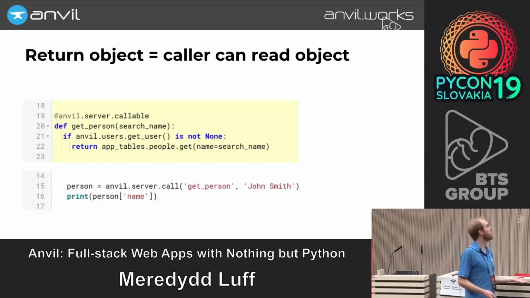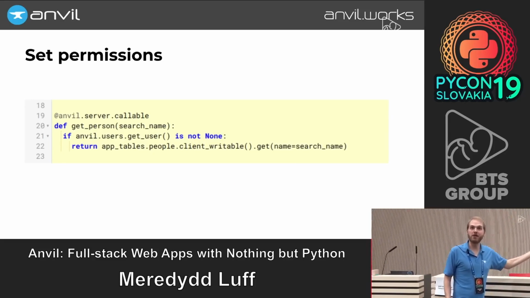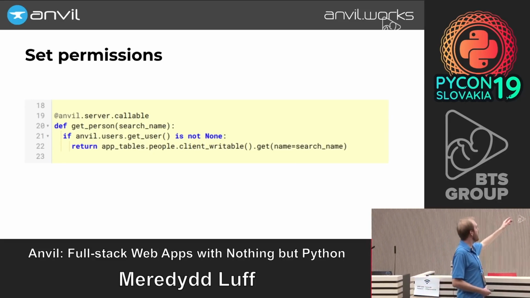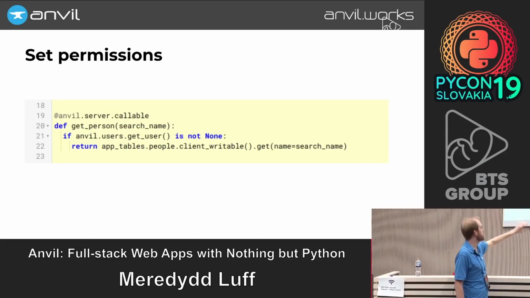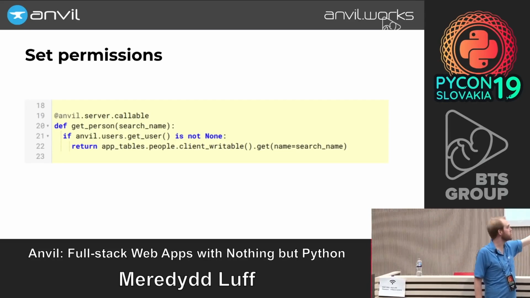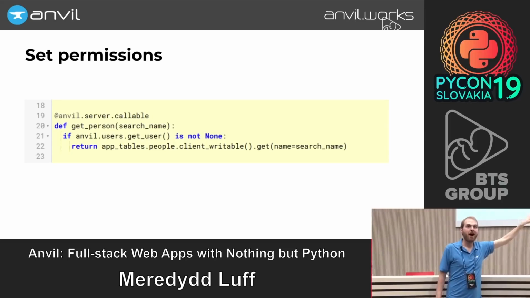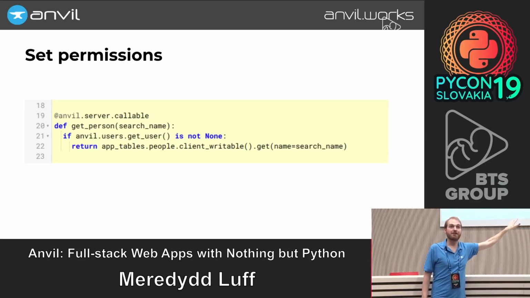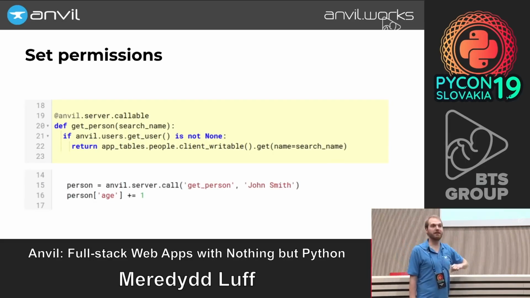We can, of course, be more clever than this. We can set permissions. So we don't have to be read-only all the time. This function returns a writable version of that database row. It takes the app_tables.people table, it takes a client-writable version of that table, and then it searches that. So the rows you get from that are going to be client-writable. And so if you get this in the client, you can get this person value, and you can just increment its age.